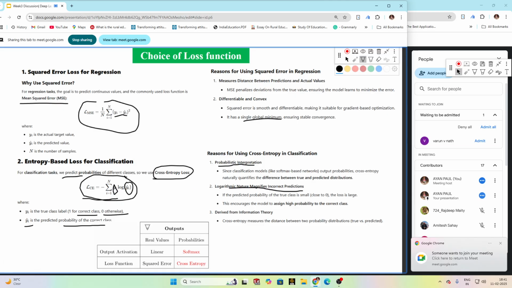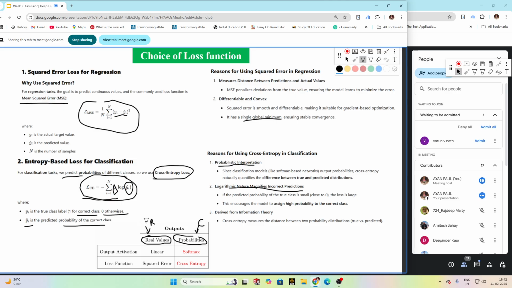And if I present this table, we have two things: classification and regression. Whenever we are talking about regression, this is the real value, that means this is the regression part. Whenever we are talking about probability, this is the classification part.